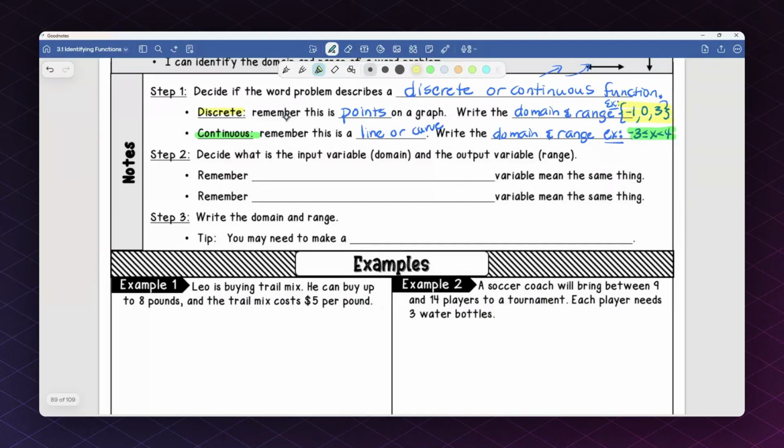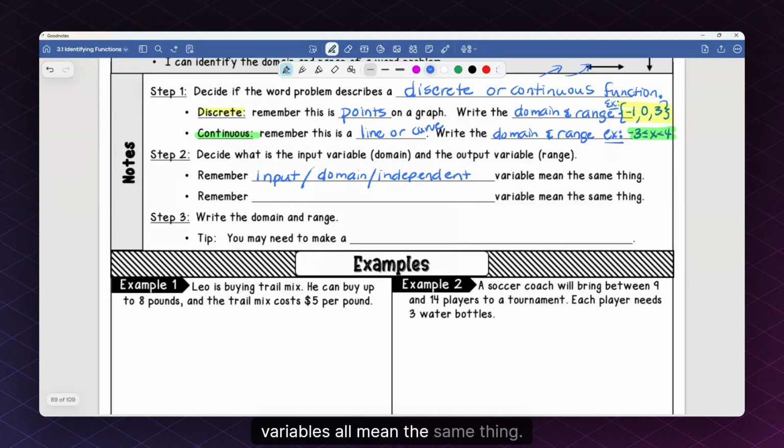So once you're done deciding what type of function it is, discrete or continuous, you got to decide what is your input variable, which is your domain, and what is your output variable, which is range. So remember, input, domain, and independent variables all mean the same thing.